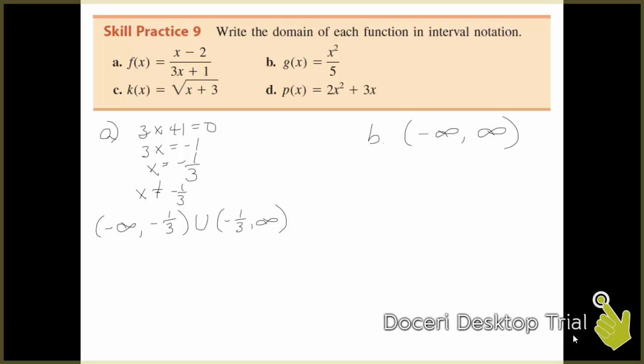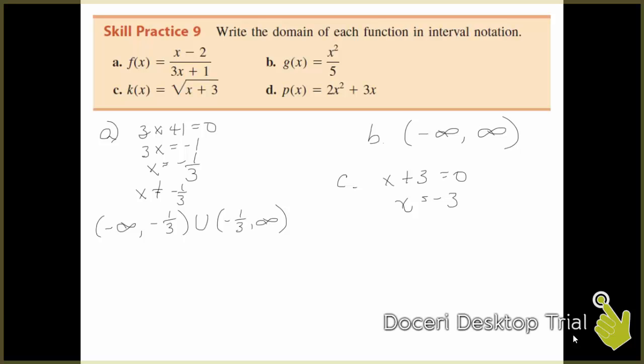C is a square root function. So I'm going to go ahead and put C here. We can't have a negative under the square root, so we need to set the expression inside equal to 0 also. So x can't be any lower than -3. If it's below that, it's going to make a negative number under the radical.